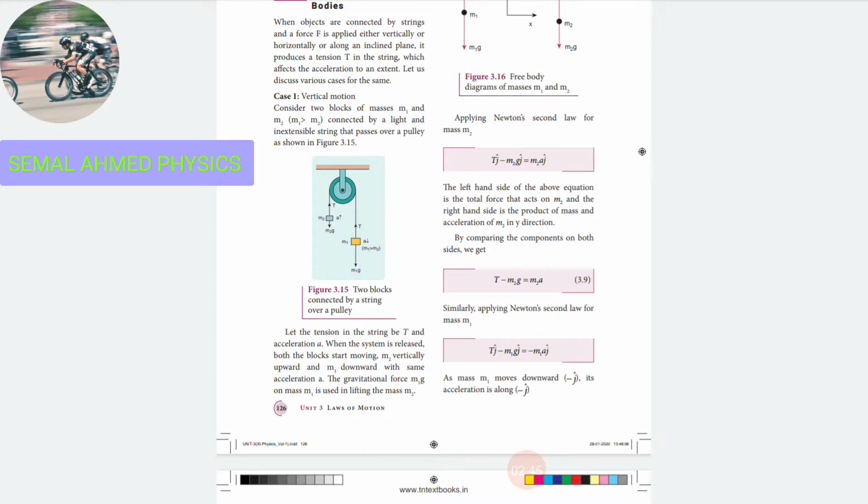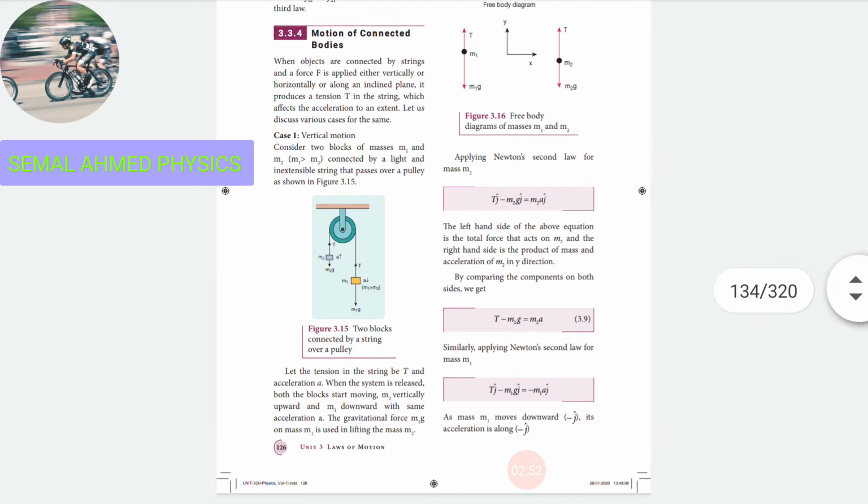So here the force will be T minus m2g, in the direction of the y axis. We take the y direction as the coordinate axis j, so j cap is the coordinate axis for the y direction. So Tj cap minus m2g j cap.